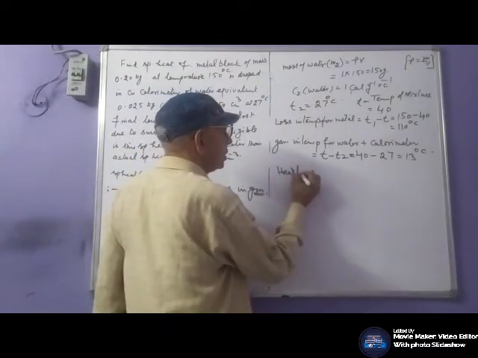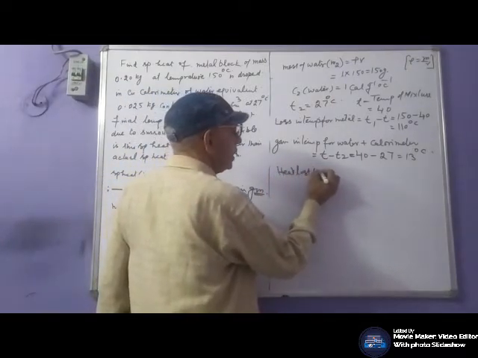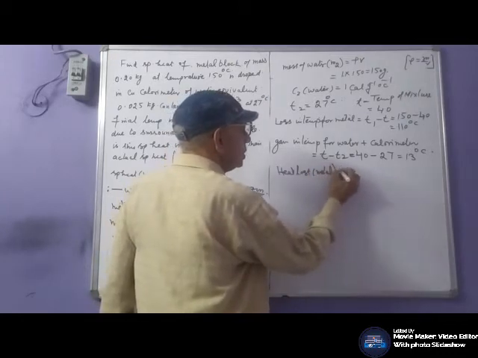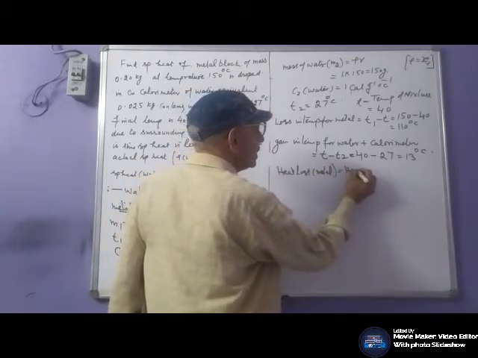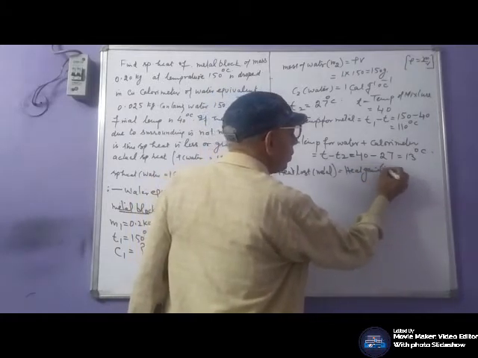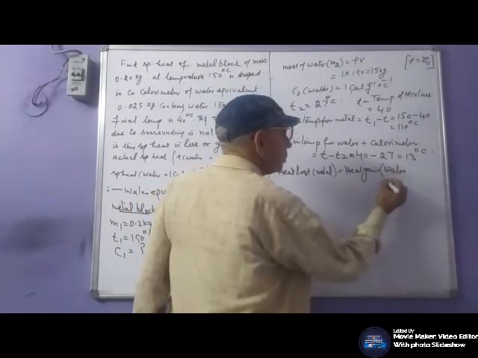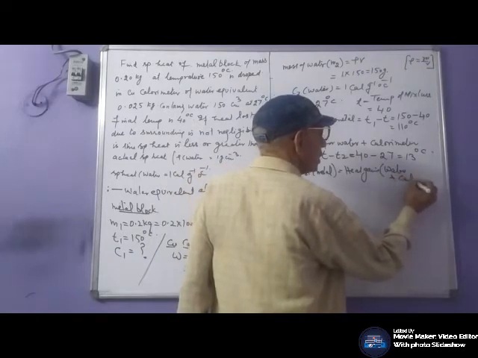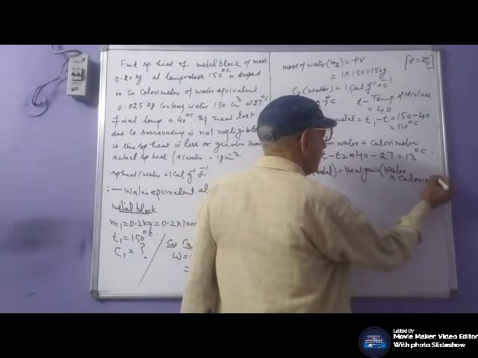Heat lost by the metal block equals heat gained by water plus calorimeter.